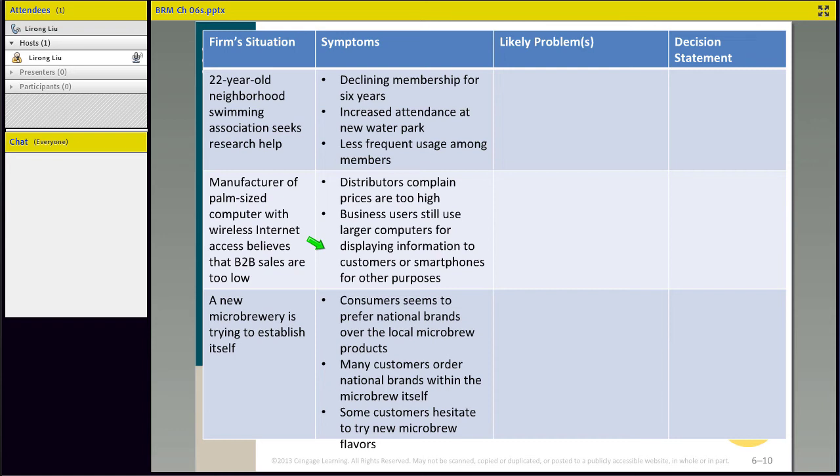Second, users are not using it. So apparently they don't find any use of it. This means the palm-sized computer is not useful, or at least its use is not outweighing the cost of purchasing it.